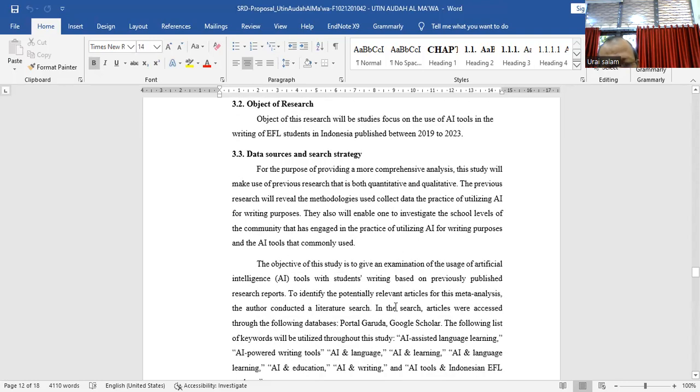And I think the keyword is very important, because by looking at your keywords, we will understand the coverage of your meta-analysis. Now here, your keywords are still very general, like AI language learning, AI language, AI learning, AI and education.